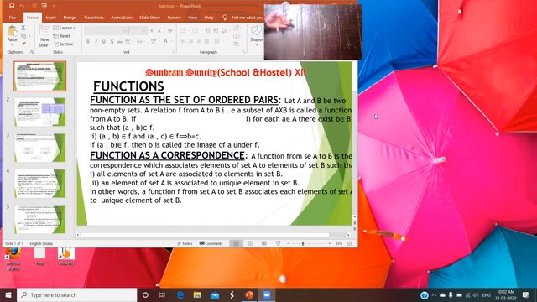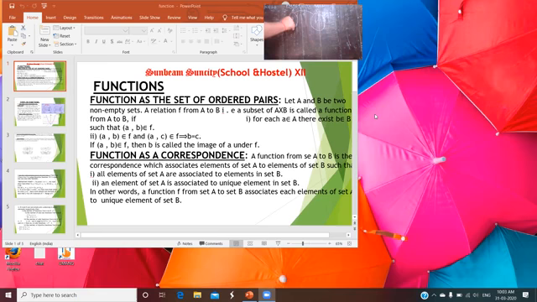So if there is a relation F between the two sets A and B, it is said to be a function if each element of set A is related to an element of set B. Means all the elements of set A are to be related to set B, then it is known as a function.